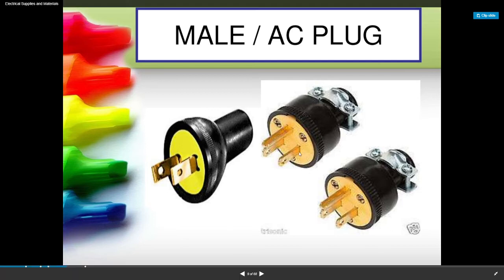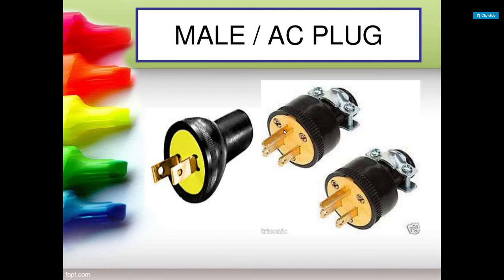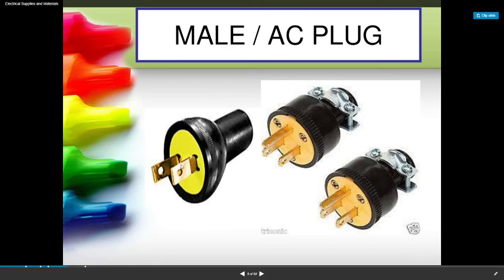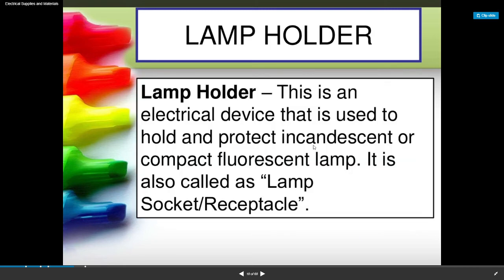Anyway, maybe you are asking in your mind, sir, what's the purpose of the third if we only need two? The third one is for the system grounding. Okay. So unless your outlet has a third wire or third hole, then you will only need a two-pronged male plug.